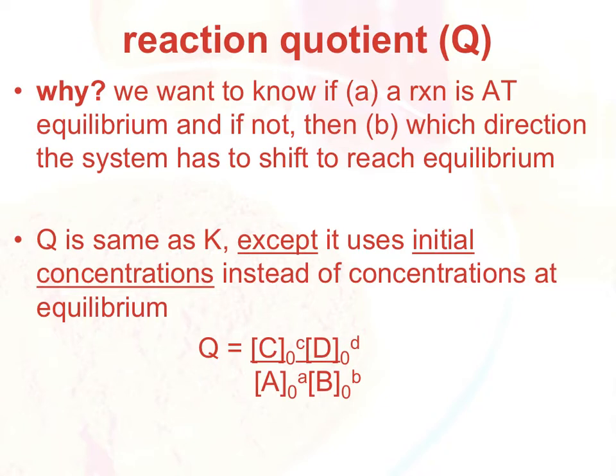We're going to use a modified version of our equilibrium expression, and instead of using K and the concentrations of our reactants and products at equilibrium, we use Q to represent the reaction quotient and use initial concentrations of our reactants and products to solve for Q. Then we take our Q value and compare it to our K value, and that can answer a ton of questions for us.